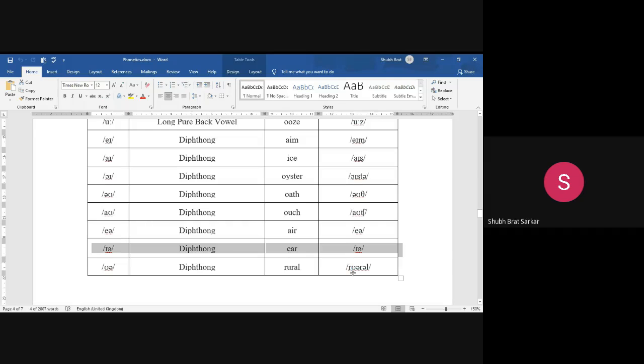The second phoneme in this word after r, this ʊə is a diphthong. Rural, rural.